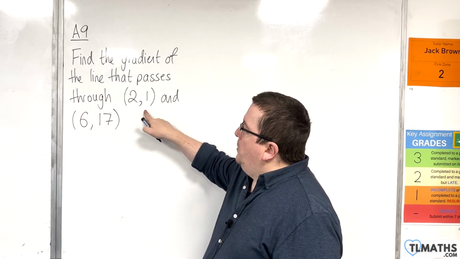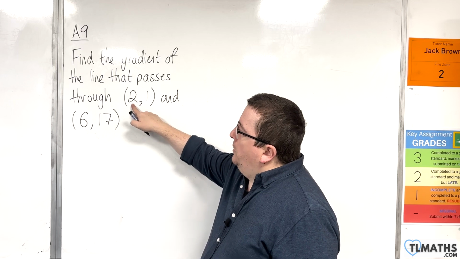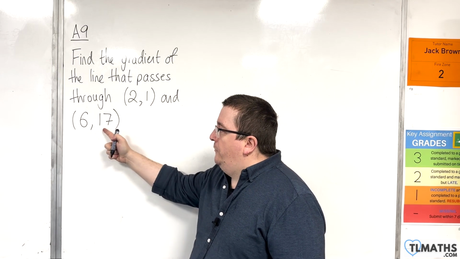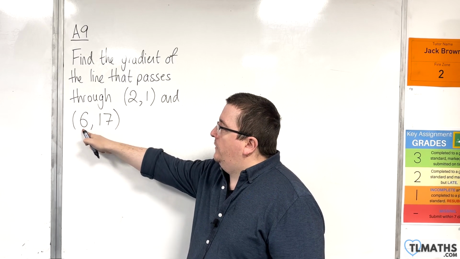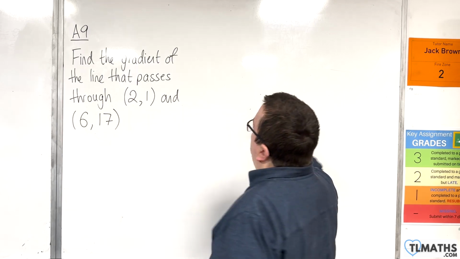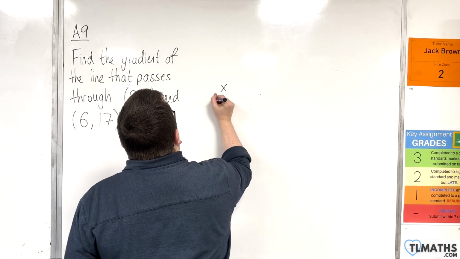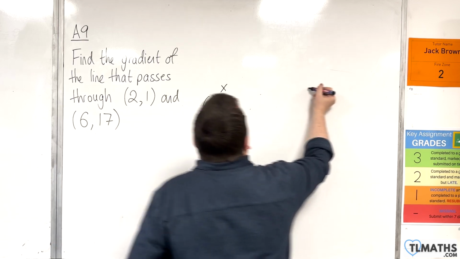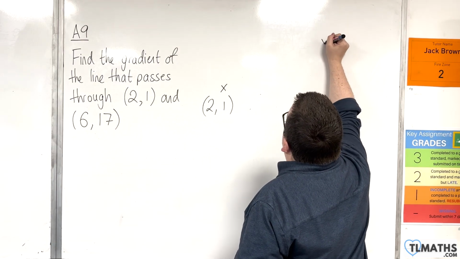Now, this point here, with x coordinate 2, y coordinate 1, is going to be to the left of this because that's 6, and below it as well because that's 17. So I can draw that point there as being (2, 1), and (6, 17) will be somewhere here.